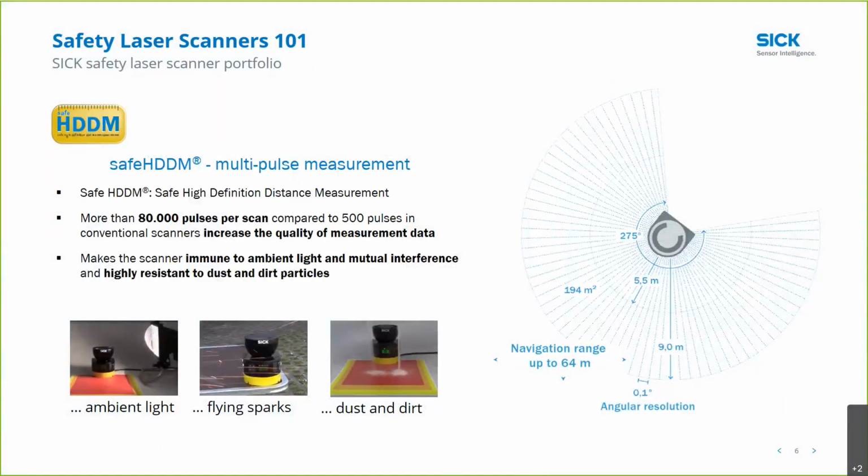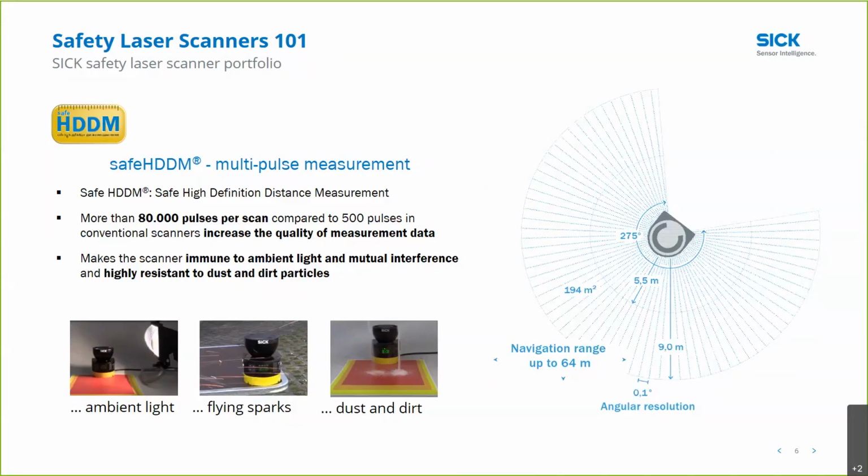So one thing that all three of those scanners have in common is their scanning principle. The Microscan, Outdoor Scan, and NanoScan all use the Safe HDDM scanning technology. That stands for Safe High Definition Distance Measurement. So in the past, with scanners like the S300 and S3000, really just the general scanning technology for most safety scanners that you see out there today, take 500 data pulses per rotation of the laser.